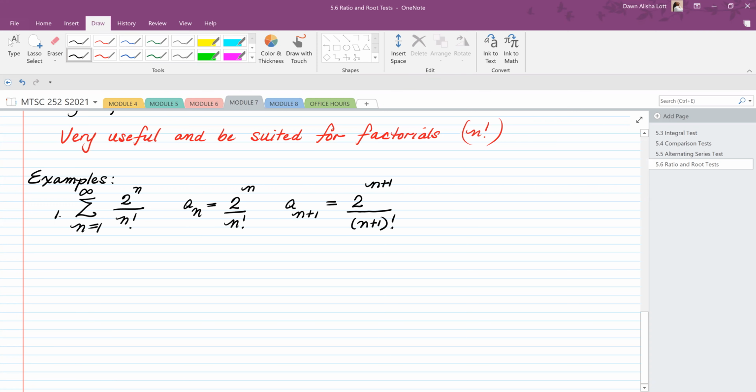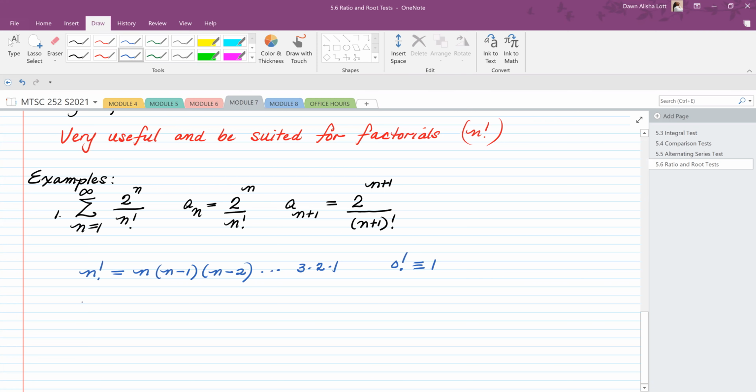Now, if you don't know what factorials are, let me just briefly stop to say something about it. N factorial is n times n minus 1 times n minus 2, and it goes all the way down to 3 times 2 times 1. And 0 factorial by definition is equal to 1.